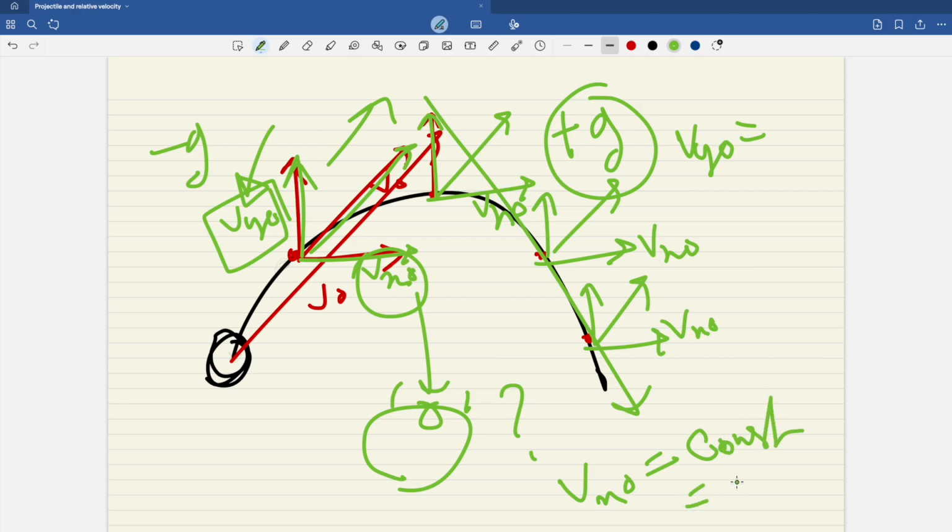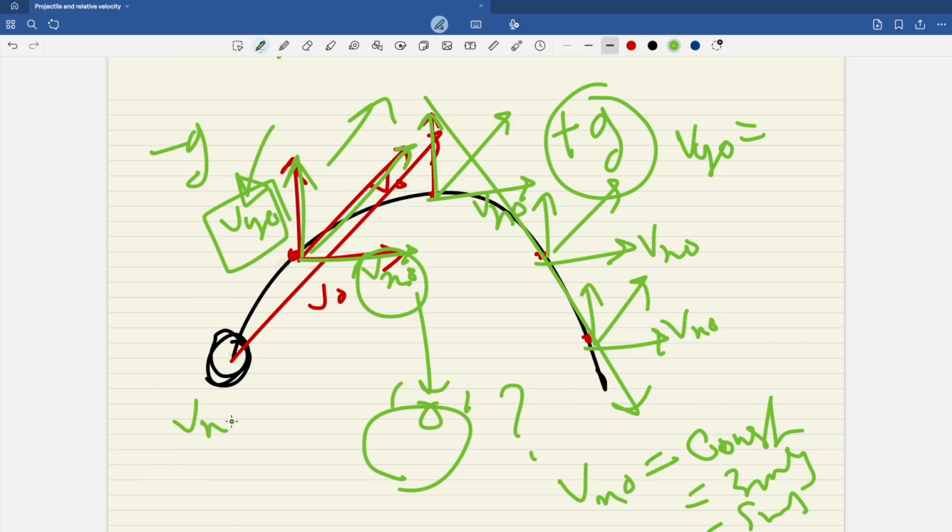Suppose it could be 3 meters per second, then at every point it's 3 meters per second. If it's 5 meters per second, at every point it's 5. So it doesn't change.